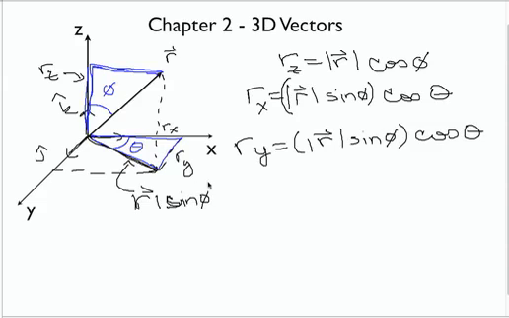All right, and then of course our vector R is then simply Rx I hat plus Ry J hat plus Rz K hat. Now this is obviously a little cumbersome, right?